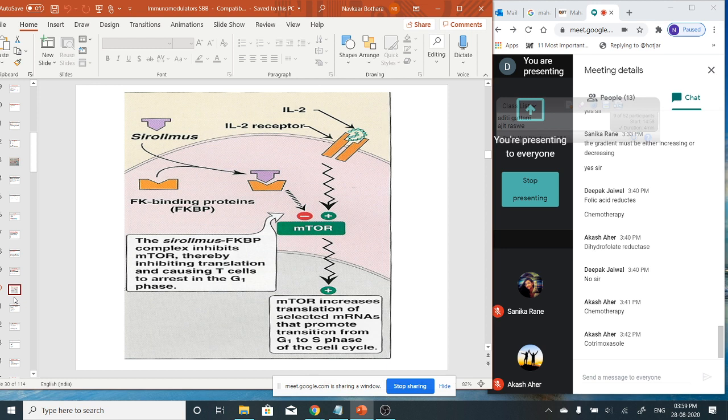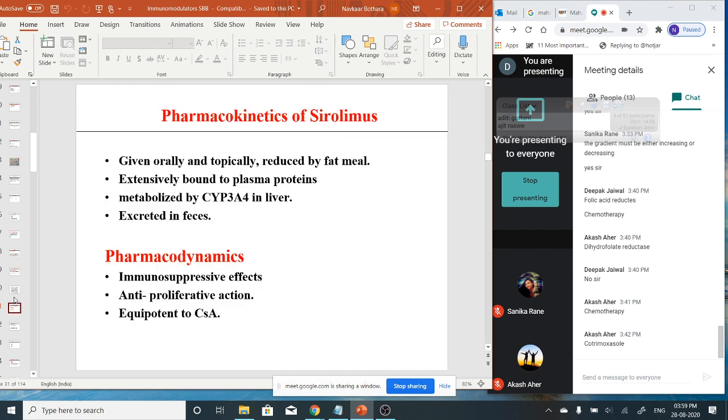Again, this mTOR increases the translation of selected mRNAs that promote the transition from G1 to S phase of the cell cycle. And because of all these reactions, they will not allow the interleukin to act on the receptors, and if interleukin 2 cannot act, it will not cause proliferation and differentiation as we have seen earlier.